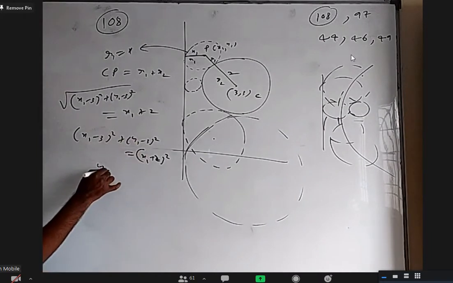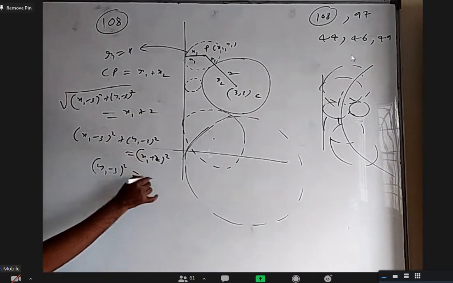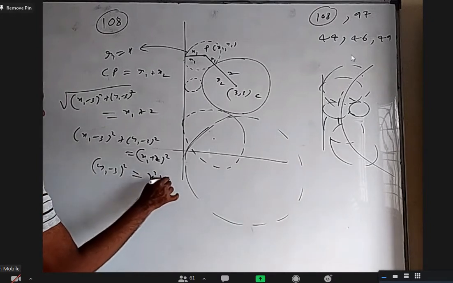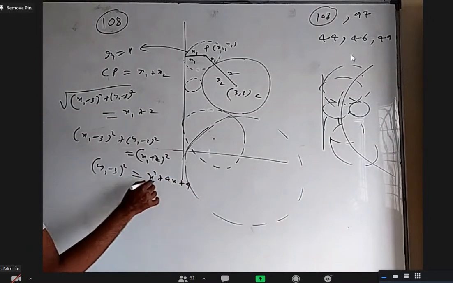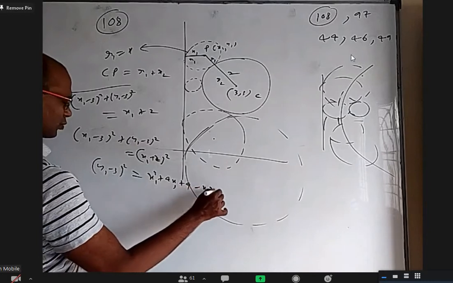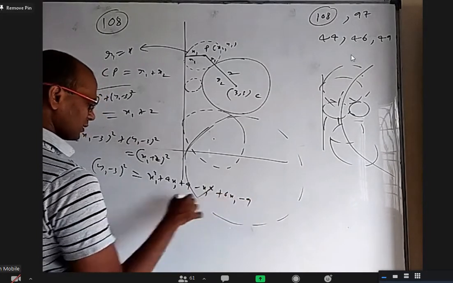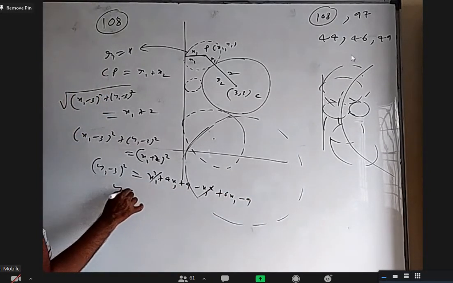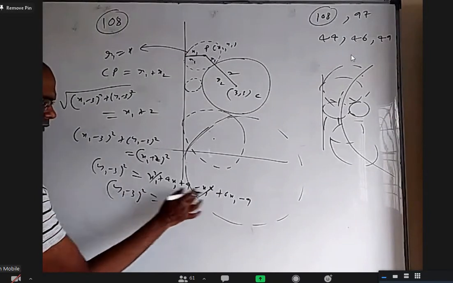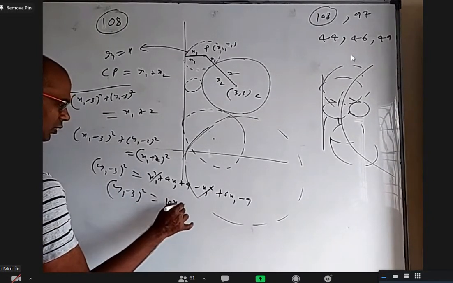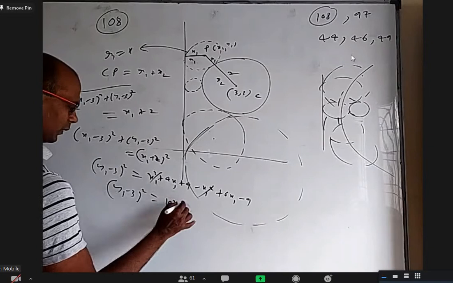Expand it: (y1 minus 3) whole square equals x1 square plus 4x1 plus 4 minus x1 square plus 6x1 minus 9, that is 10x1 minus 5.